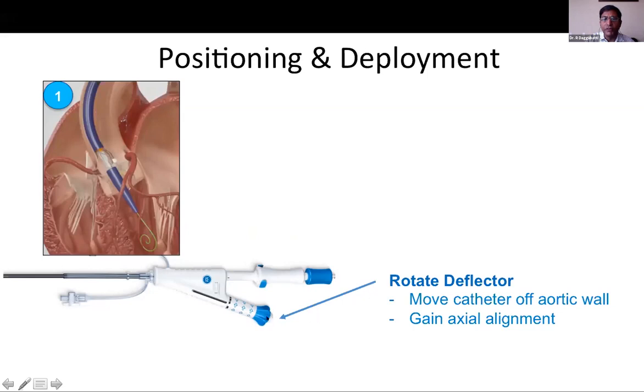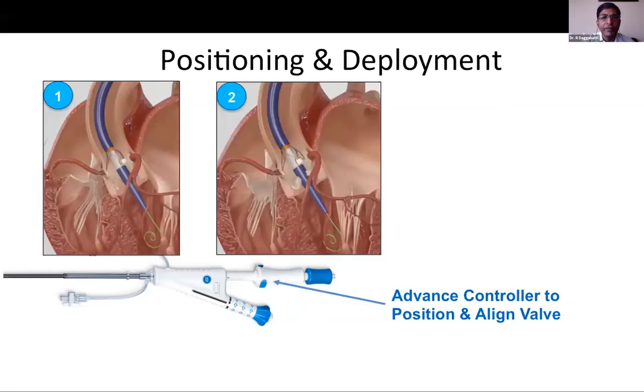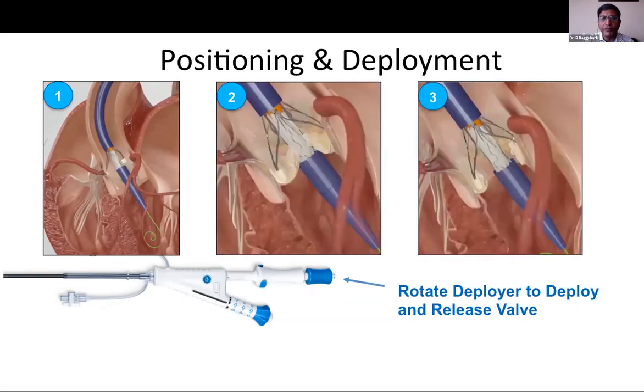So the first thing is you rotate the deflector, move the catheter off the aortic wall, and gain axial alignment. And after that, you can still rotate so that you can see, in the second picture, one paddle here, which is a soft pad, going into the sinus, and the other one is going to the other sinus. And that way, now you are not going to have any embolization of the valve, and you're going to fixate it, and then you advance the controller to position and align the valve.